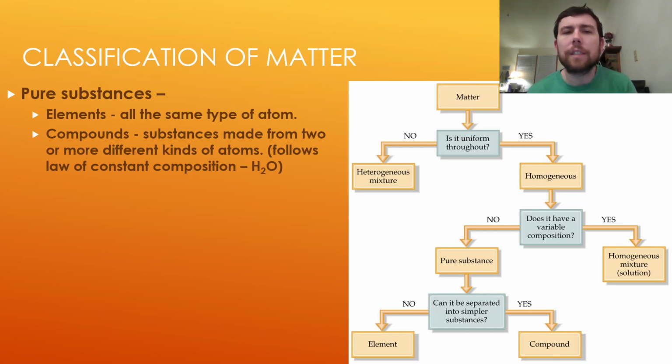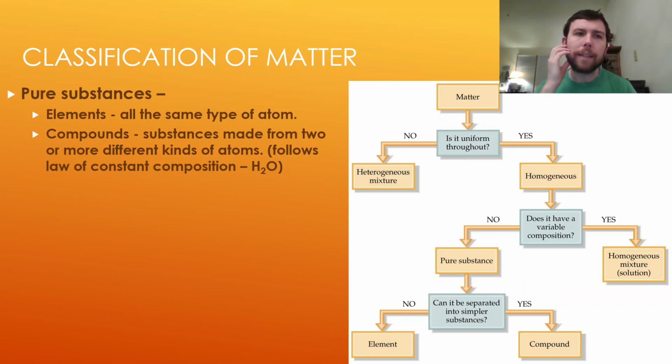No matter what, water is always going to be H2O. It's always chemically bonded in that ratio for the substance to be water. It's a pure substance because it has two or more different kinds of atoms that have been chemically connected. They can't be physically separated.